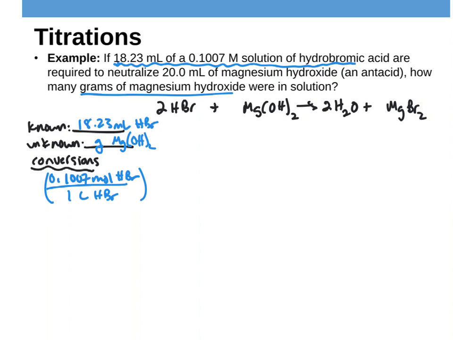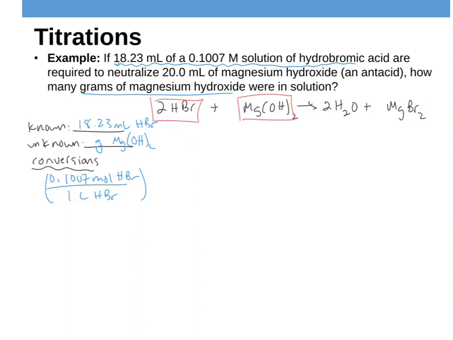What am I always going to need? I'm always going to need a mole ratio because this is stoichiometry. So I know everything about HBr, and they're asking me about grams of magnesium hydroxide, so I use that mole ratio. Now notice that because there's 2 hydroxides in every 1 unit of magnesium hydroxide, that changes my mole ratio.